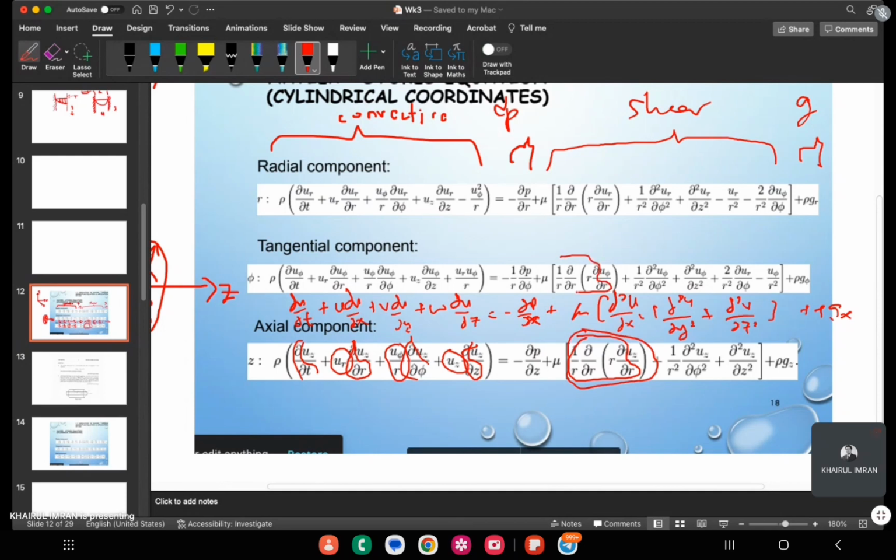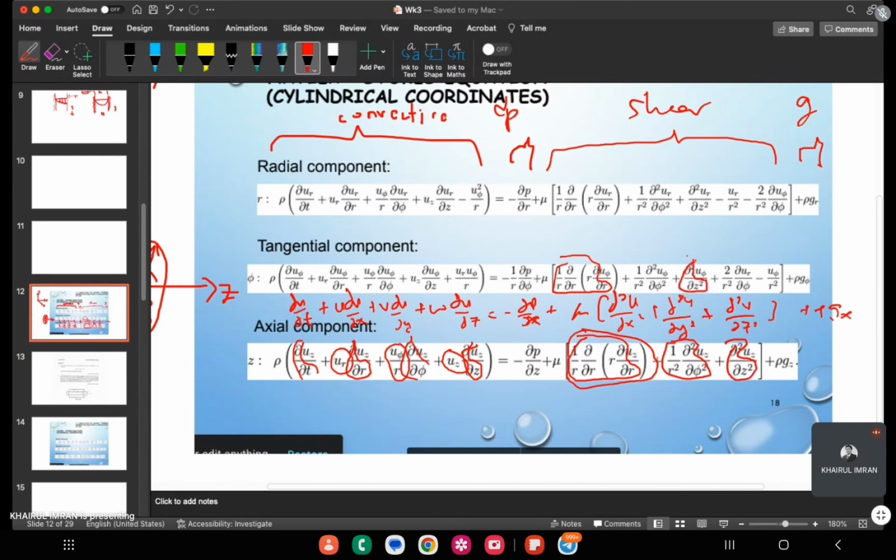Sama je kan. Okay. So sama juga dengan ni 1 over r squared del squared over del phi squared. This is for theta. Sometimes sebut phi but theta. Del squared over del theta squared. And del squared over del z squared. Okay. And repeat again untuk this one. Okay.